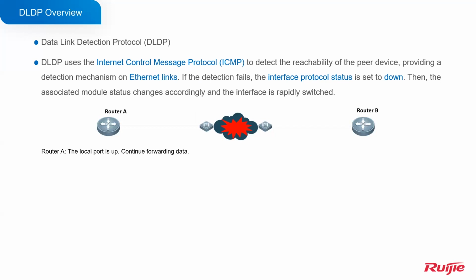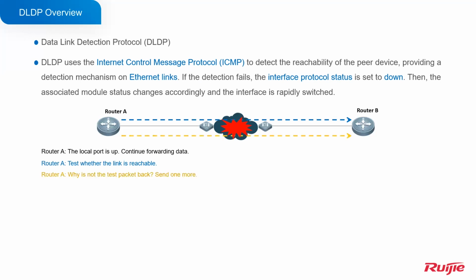Router A will continue forwarding data. At the same time, router A will send a message to router B to test whether the link is reachable. Since from the figure we can see there is a fault in the ISP network, there will not be a response.